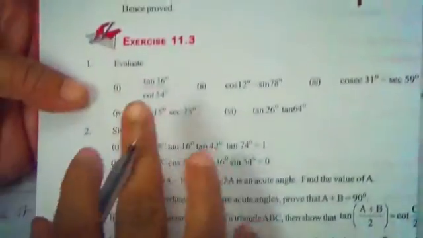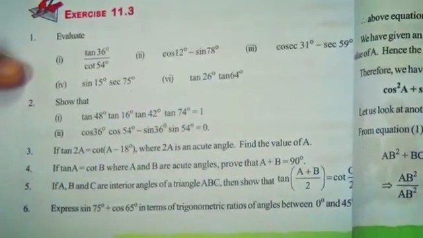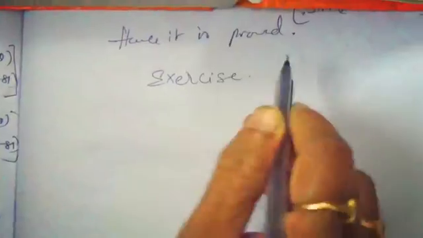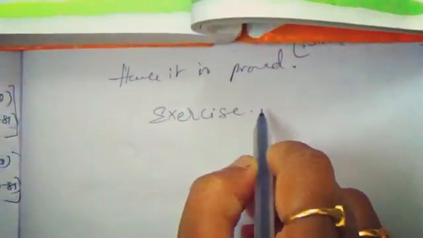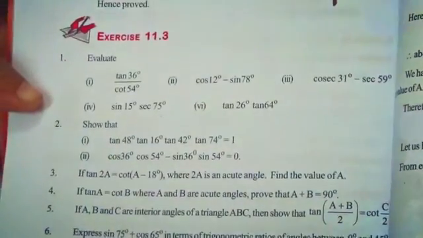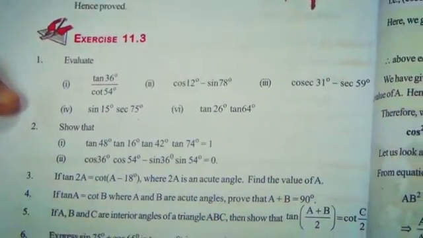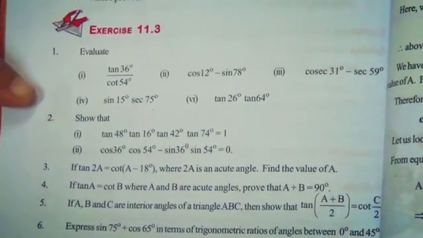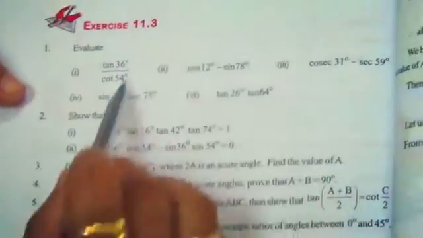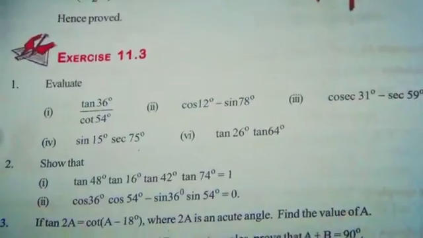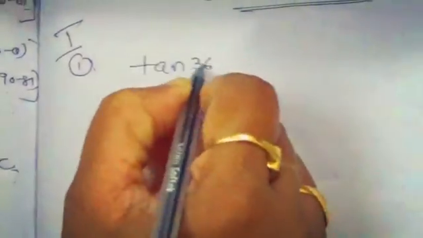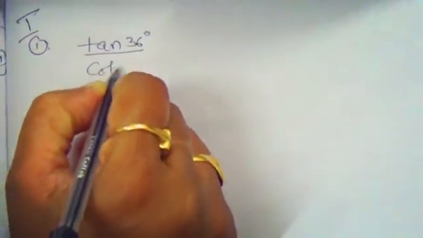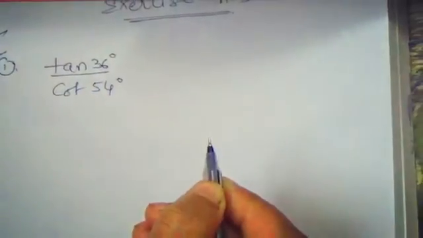Now we entered into exercise 11.3. In this exercise 11.3, in the first Roman we have only 5 sums. In the first Roman, what was given is evaluate. We have to find out these values. Okay, so the first one, tan 36 degrees by cot 54 degrees.